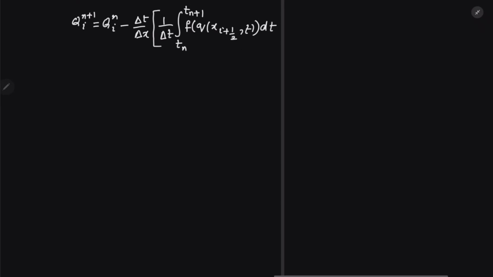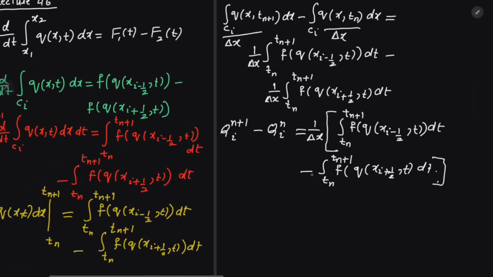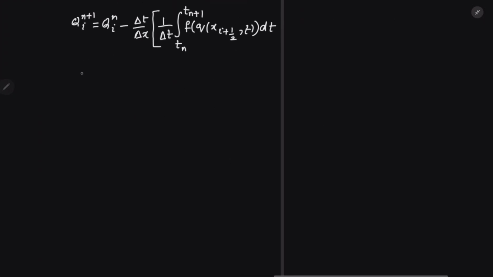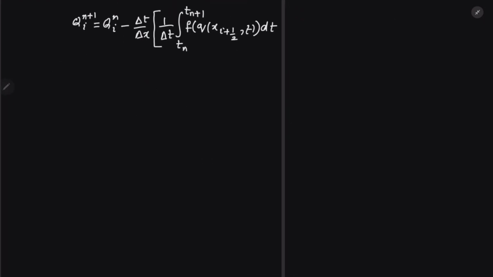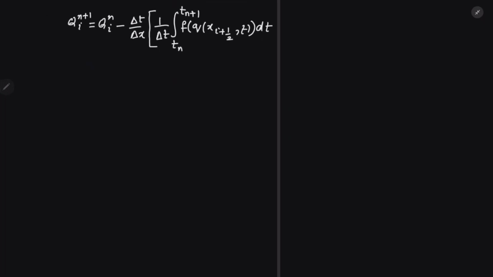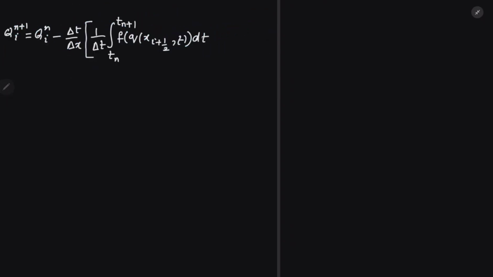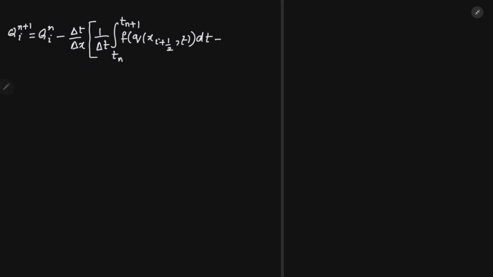Since we changed the value by taking negative as a common factor from here, we also have minus. Let me just make some space. So that is equal to minus 1 over delta t, the integral from Tn to Tn plus 1 of the flux at I minus 1/2 dt. Okay.